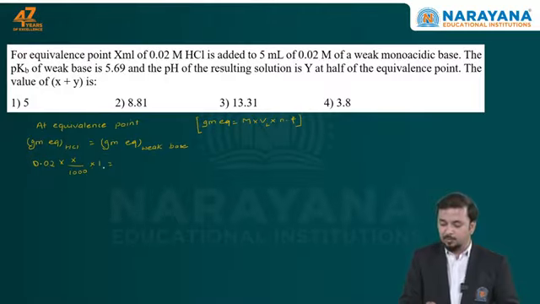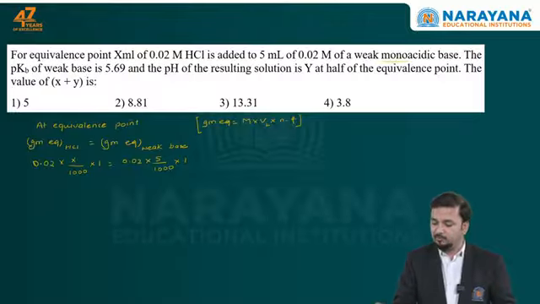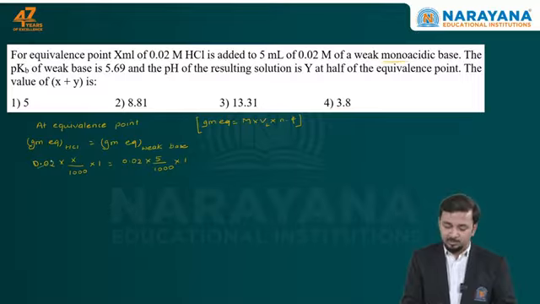That is equal to molarity of weak monoacidic base, 0.02, into volume in liter, 5 upon 1000, into n factor, which is 1 because they have mentioned it as monoacidic base. So 0.02 cancels out, 1000 cancels out, and we get x is equal to 5. So this is the first part.